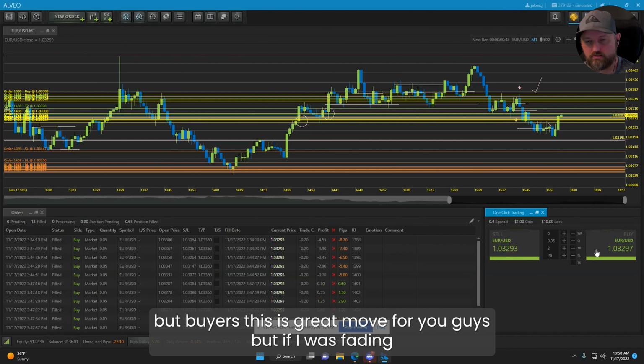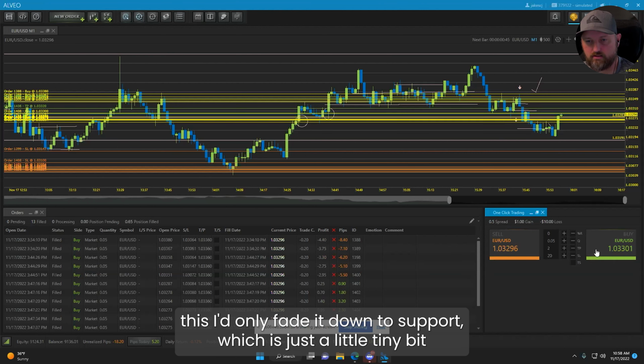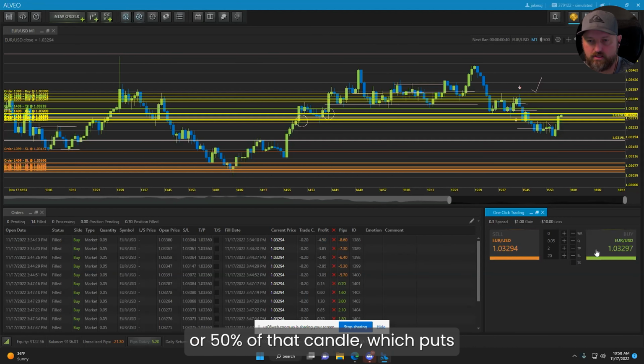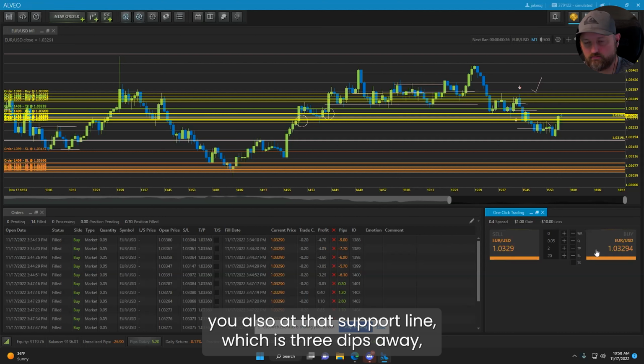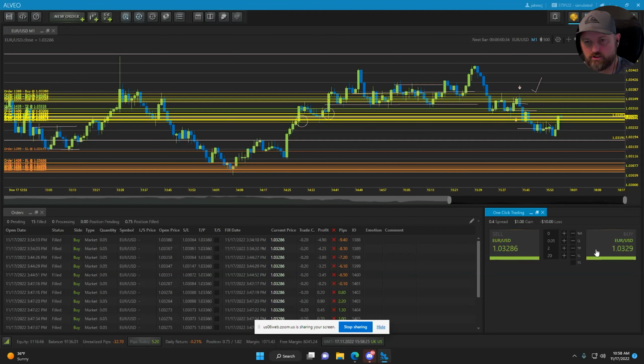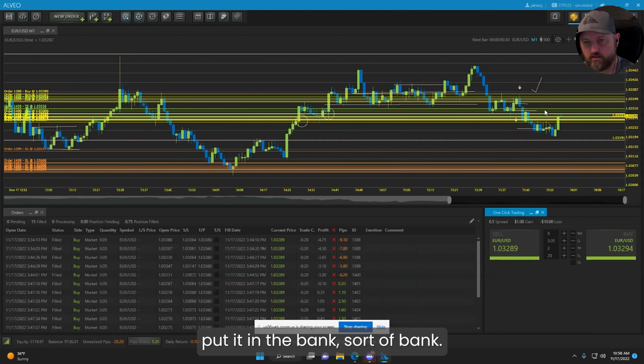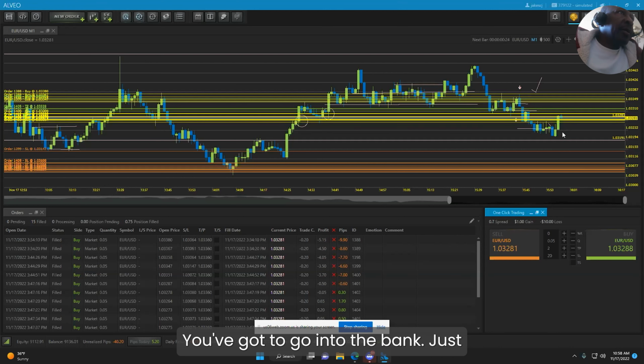But buyers, this is a great move for you guys. But if I was fading this, I'd only fade it down to support, which is just a little tiny bit, or 50% of that candle, which puts you also at that support line, which is 3 pips away ish. But 3 pips is still 3 pips. Put it in the bank.